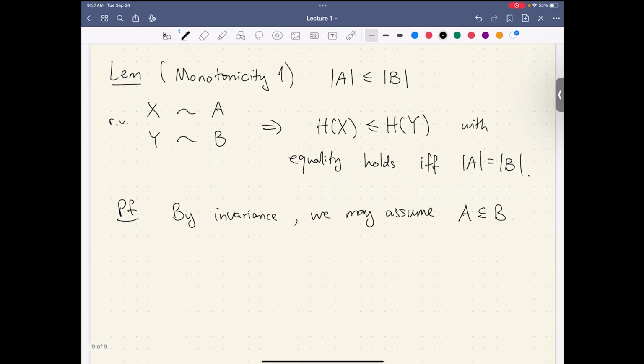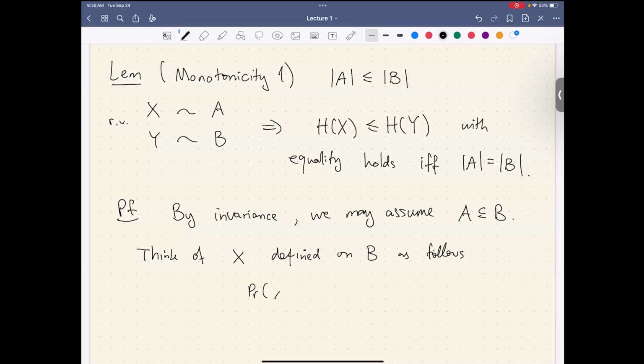Now, if you assume A is a subset of B, we can then think of X as a random variable defined on B as follows.